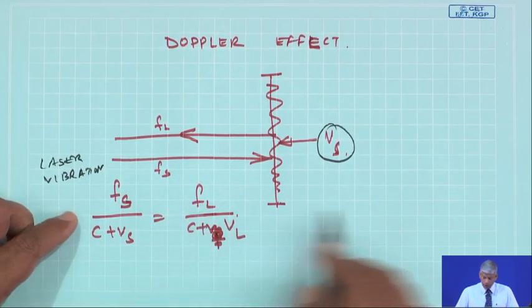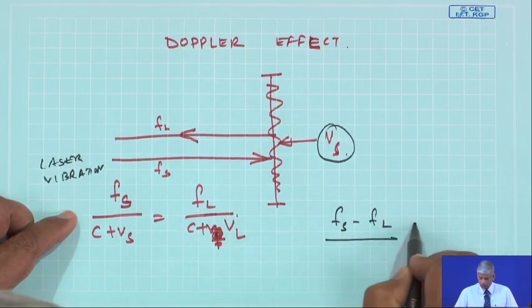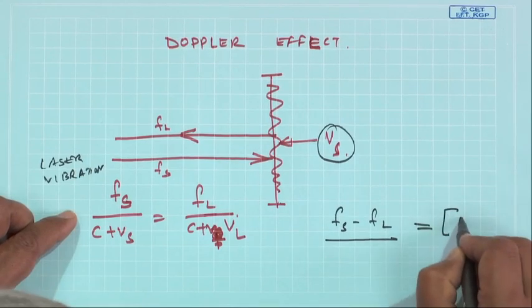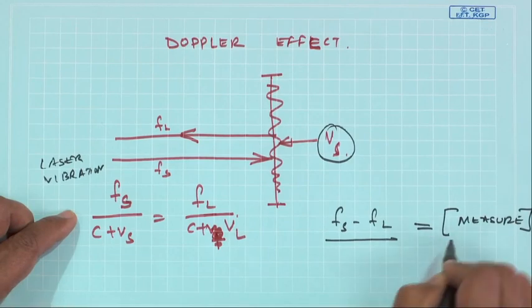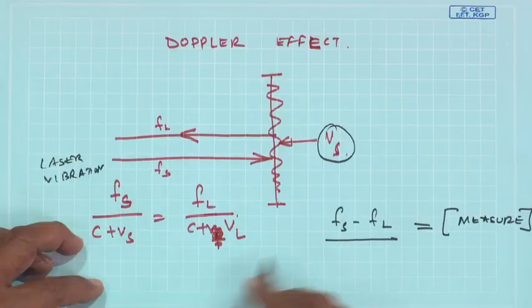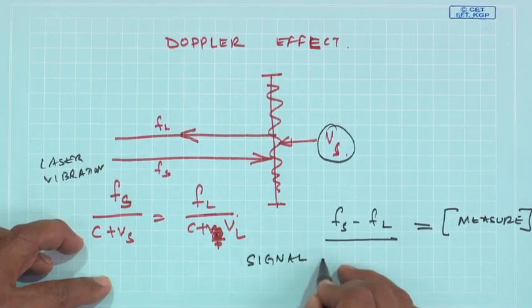By knowing the difference Fs minus FL, I can measure this. How do I do it? There are optical heterodyning measurements, because as you know by now, laser beams are light waves of very high frequencies, and obviously to find out the frequency shift we need what is known as signal heterodyning.